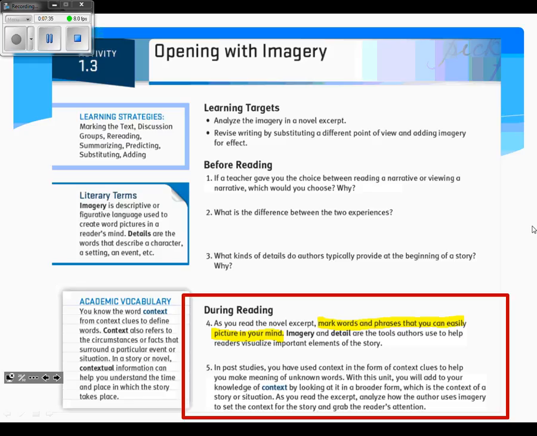And some of us, it might be a little bit less, and that's okay. All right, now step 5, same thing. We're just highlighting the key information in step 5. We're also going to analyze how the author uses imagery to set the context for the story. So the imagery that she provides for us, how is it really helping us understand this event? How are we able to tell someone the event based solely on the imagery?